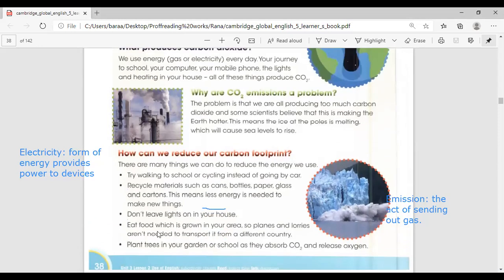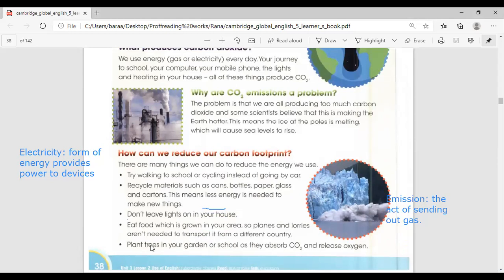And last but not least, eat food which is grown in your area. So planes and lorries aren't needed to transport it from a different country. Okay?